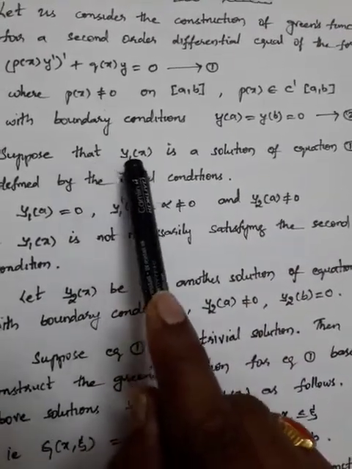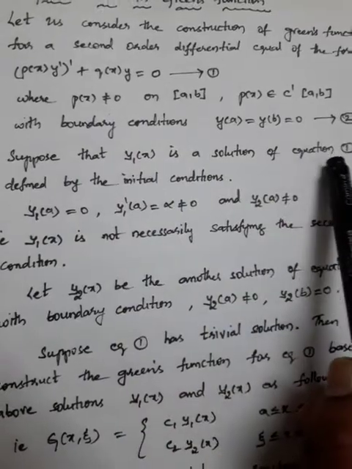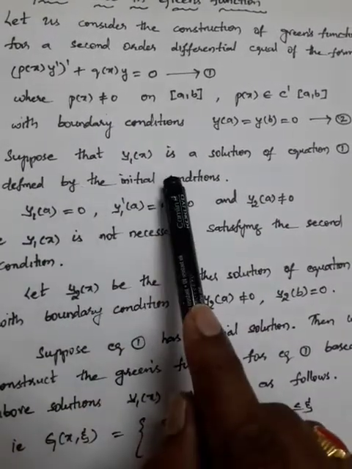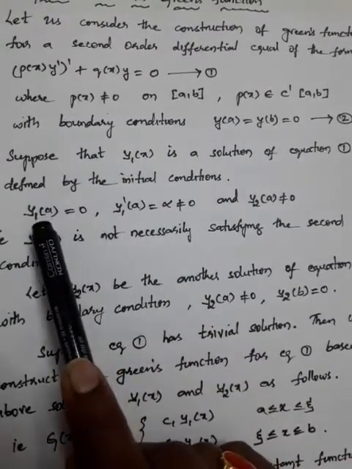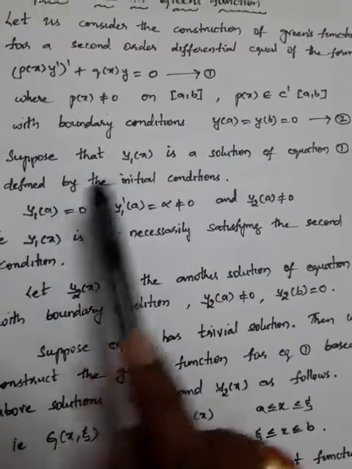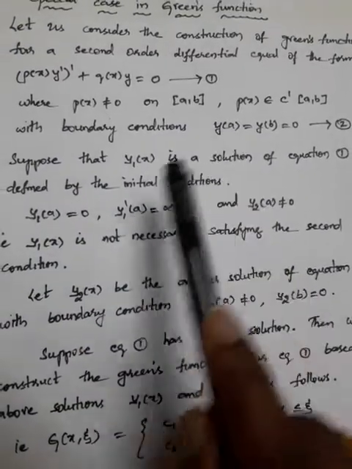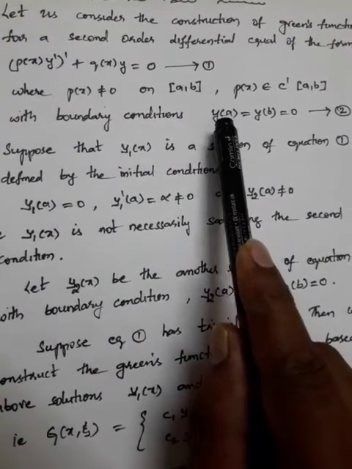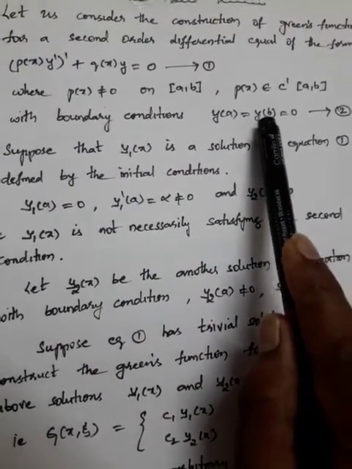Suppose y1(x) is a solution of equation 1 defined by the initial conditions. So what I am doing is y1(a) = 0, meaning it is satisfying the first condition. You must remember that it should satisfy one boundary value, y(a) = 0, but it should not satisfy the other boundary value y(b) = 0.